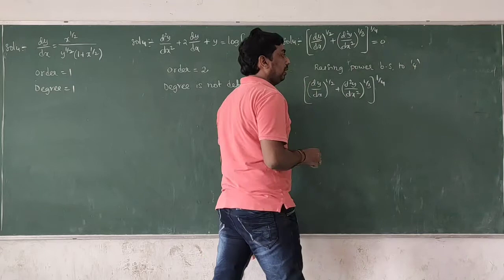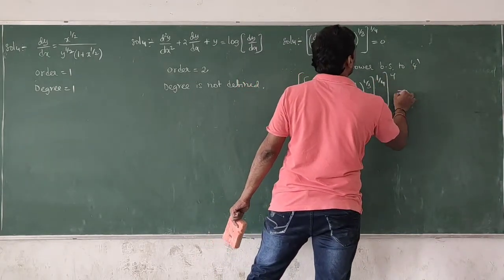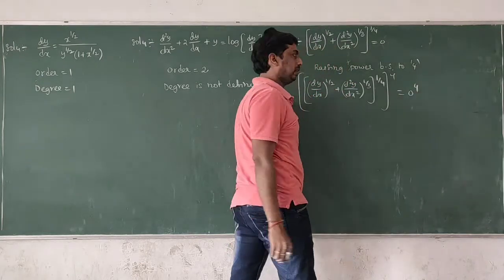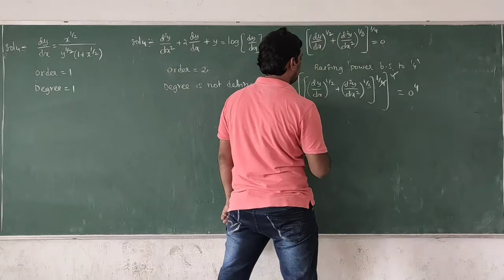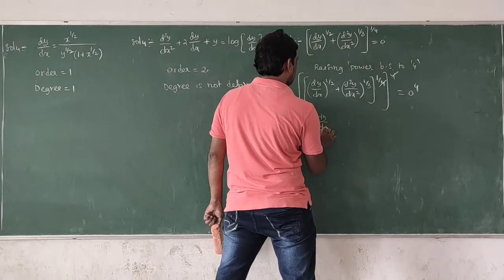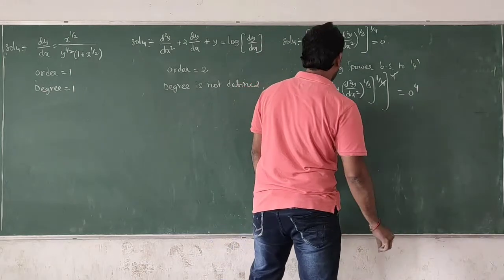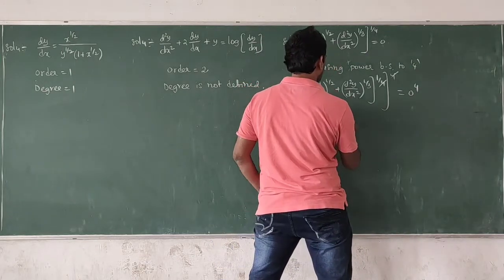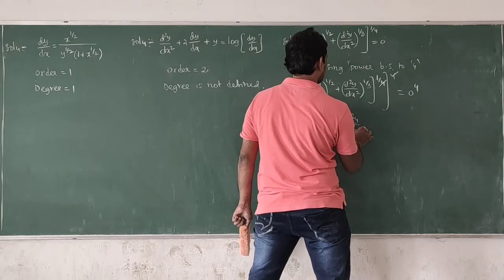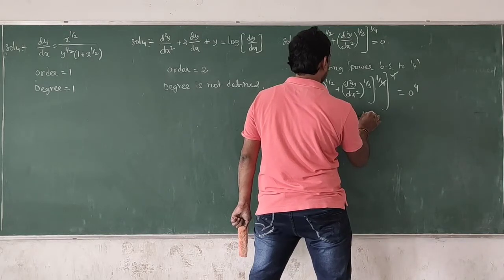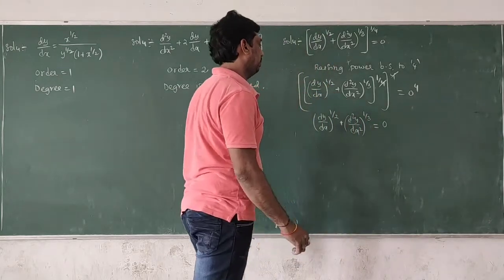Here we need to raise the power to 4 on both sides, equal to 0 power 4. Here the 4s cancel: dy by dx whole power 1 by 2 plus d square y by dx square whole power 1 by 3 equal to 0 power 4, equal to 0.